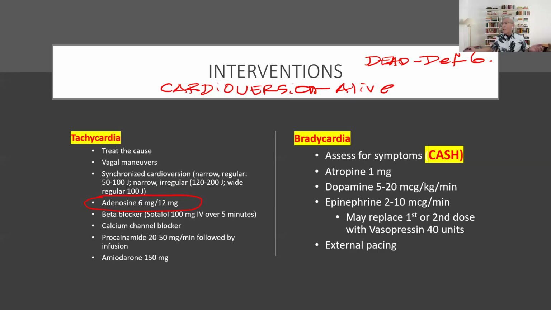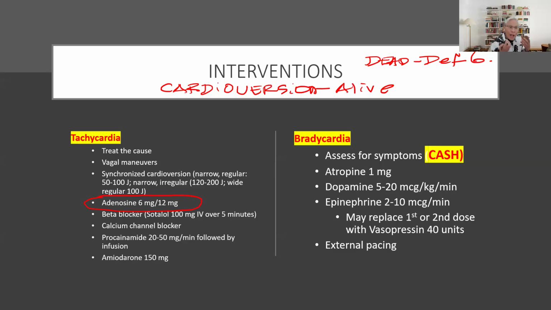Or the patient has a blood pressure of 80 systolic, palpable. Defibrillation or cardioversion? Cardioversion. You won't have a blood pressure if you're dead. Right. So that's an easy way to distinguish the two. But we'll talk more about that in a little bit.